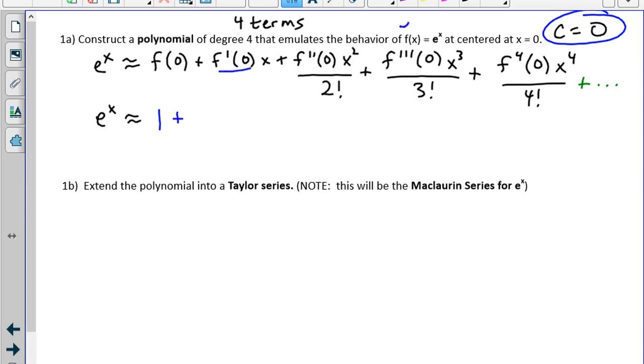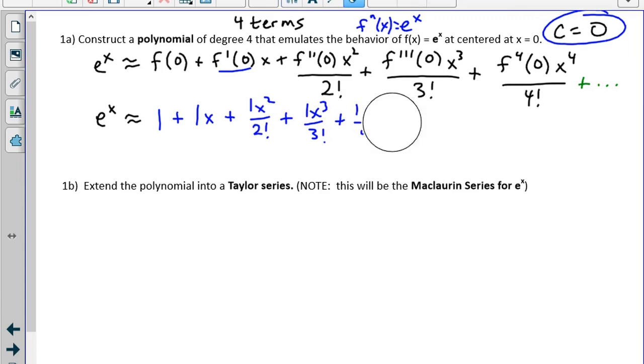Notice that the derivative of e to the x is always e to the x. It doesn't matter what the order of the derivative is. The derivative is always e to the x, and e to the x evaluated at 0 is always 1. So 1 plus 1 times x plus 1 times x squared over 2 factorial plus 1 times x cubed over 3 factorial plus 1 times x to the fourth over 4 factorial. And again, we could keep going on and on forever.